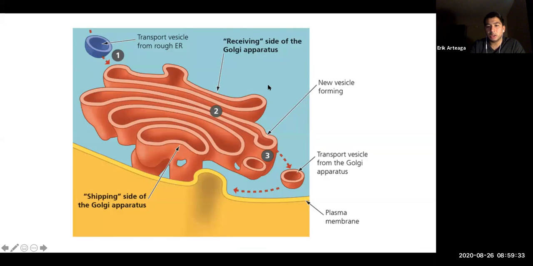The transport vesicle fuses, and then you have the eventual transformation of whatever was in that transport vesicle. A transport vesicle from the Golgi apparatus can then fuse to the plasma membrane and dump whatever contents it has into the environment, or it can move that vesicle elsewhere in that cell, okay?